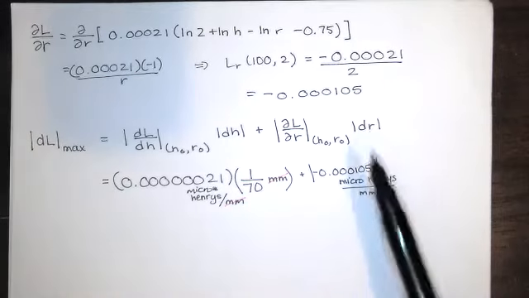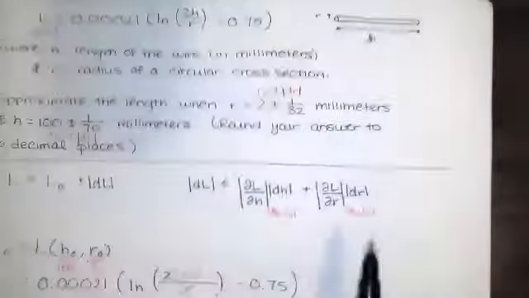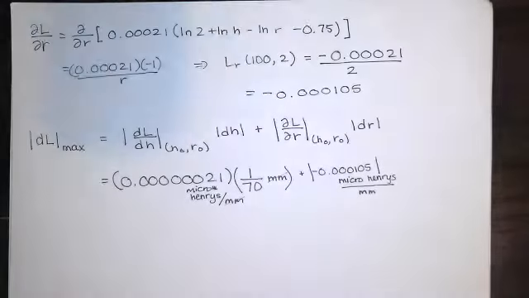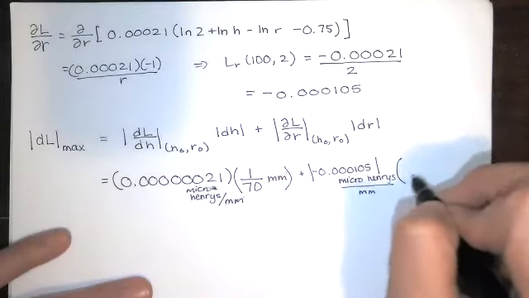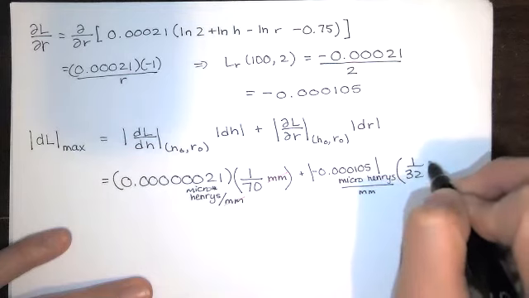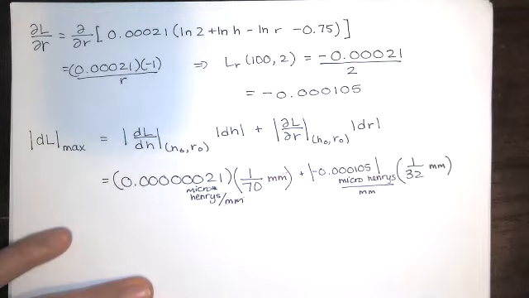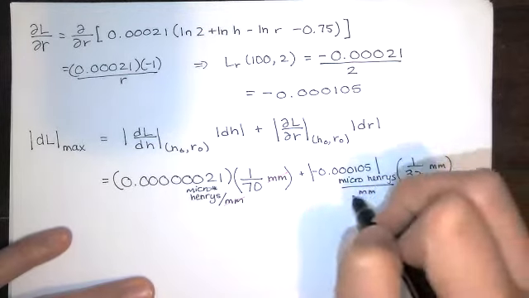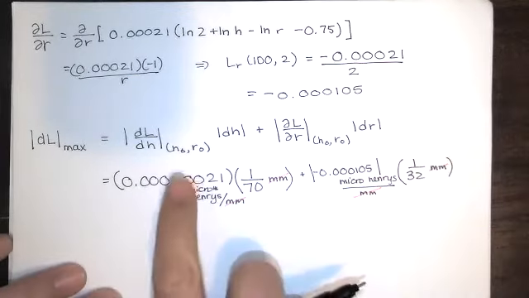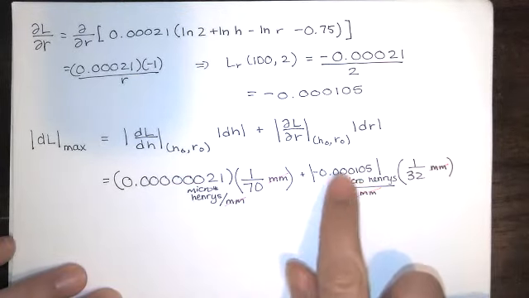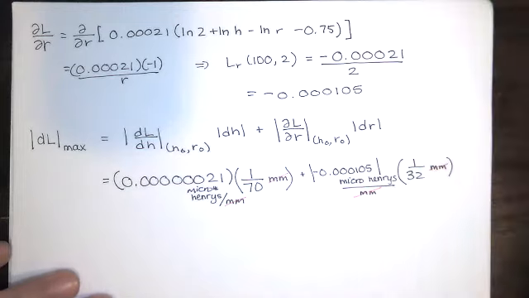And dr, that was given to us, that was 1/32 millimeters. And when we multiply those together, our millimeters just reduce, and we just get this times this number plus the absolute value of this number times that number.